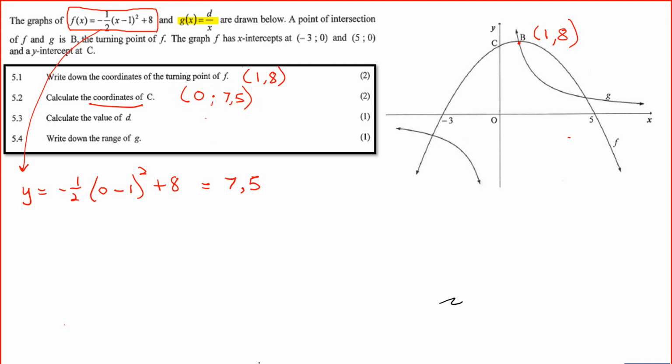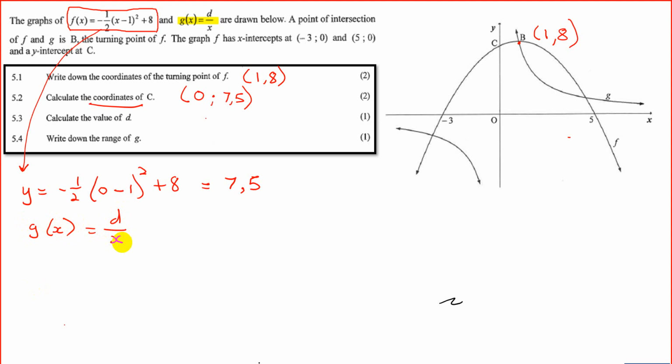We go on to the next question, 5.3, calculate the value of D. So we want to find the value of D. Now if you look at the graph, there is no D. So we're going to go back to the equation, which says g of x is equal to d over x. If g of x is equal to d over x, to find the value of d, all we have to do is sub a point.